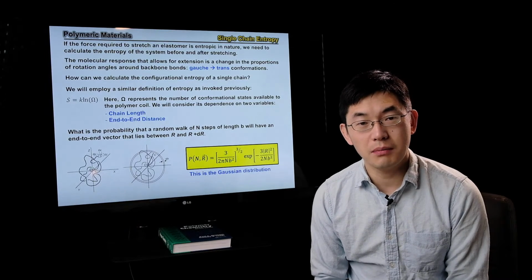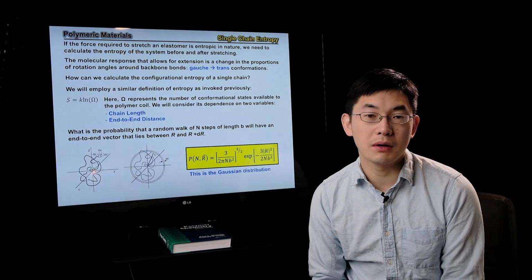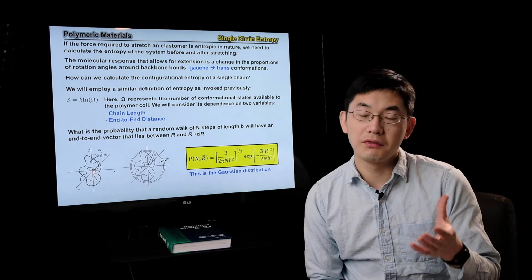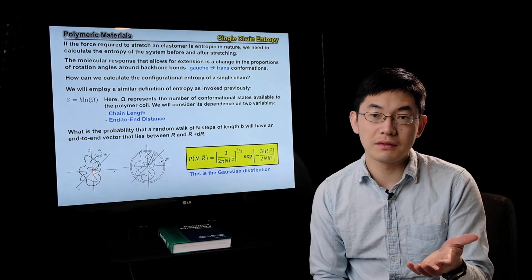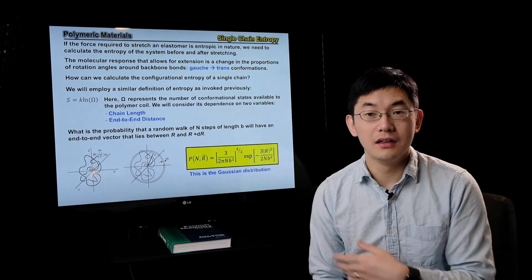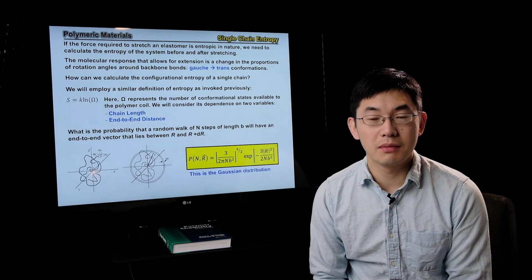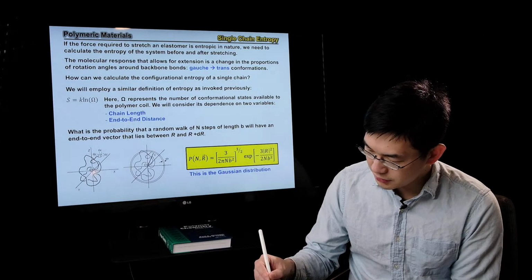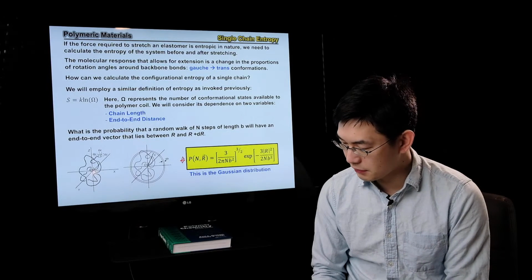So we talked about a Gaussian coil. We talked about chain end distribution. For a Gaussian coil, if we fix one end at the origin of the axis, then the other end will be predicted by the distribution of chain ends. This distribution probability can be captured using this particular equation, as we discussed before.